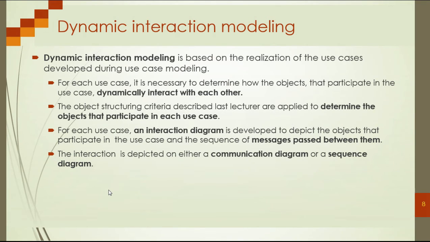We develop the use cases, and then we also develop the use case descriptions. If you do not describe the use case description well, you will not be able to develop the sequence and the communication diagram.